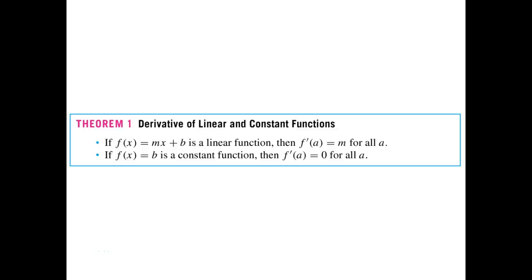Now, if f of x is equal to b, meaning m would have to be 0, that's a constant function, then the derivative is its slope, which is 0. f prime of a is 0 for all a. You can go back to the definition and show that's true as well. But we really just did when we showed it was equal to m, and if m is 0, that's equal to 0.